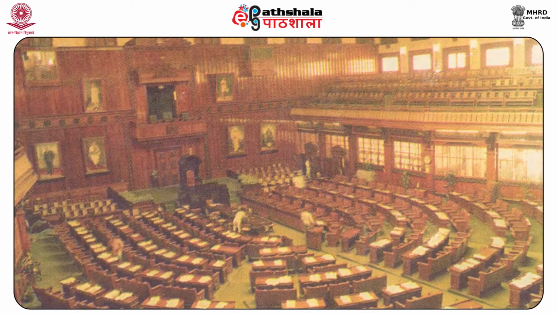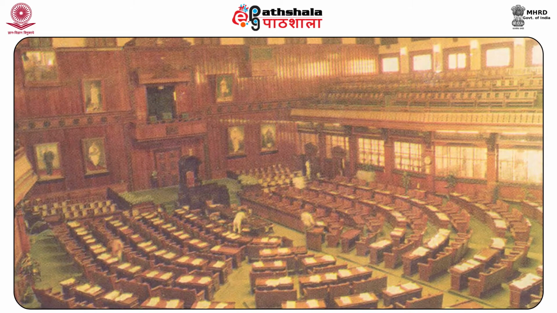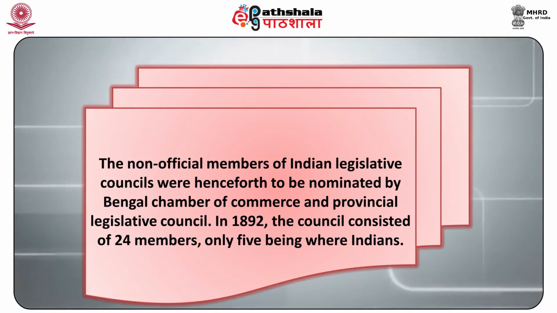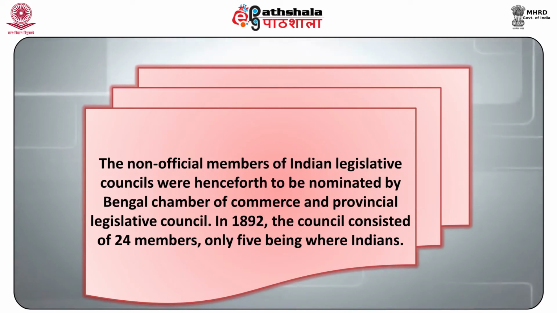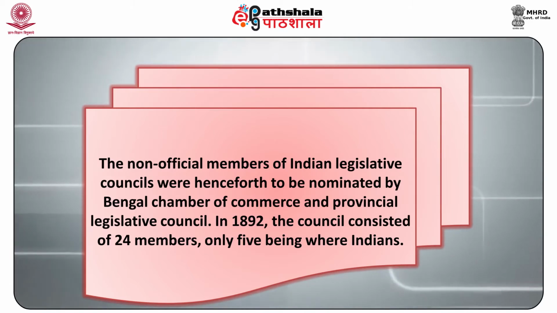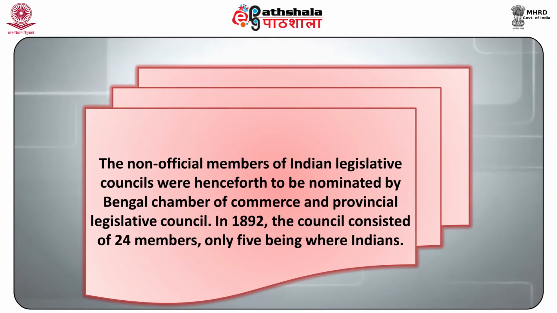More people were elected to the councils. The non-official members of Indian legislative councils were henceforth to be nominated by the Bengal Chamber of Commerce and Provincial Legislative Councils. In 1892, the council consisted of 24 members, only 5 were Indians.